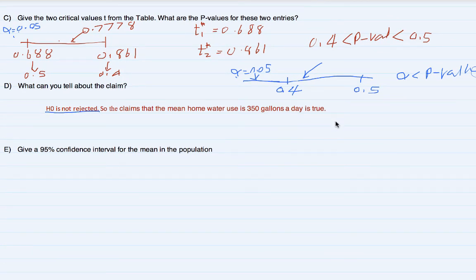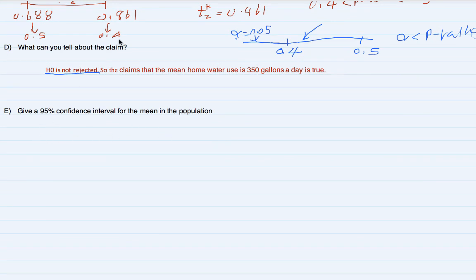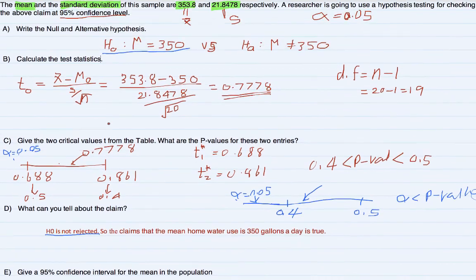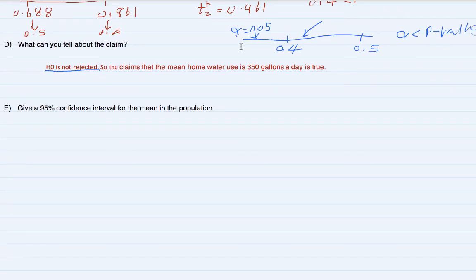Then let me explain part E. What is part E? Give a 95% confidence interval for the mean in the population. Again, go to the information we have. We have the sample standard deviation, therefore we should use the t.